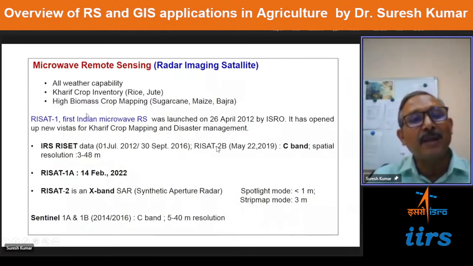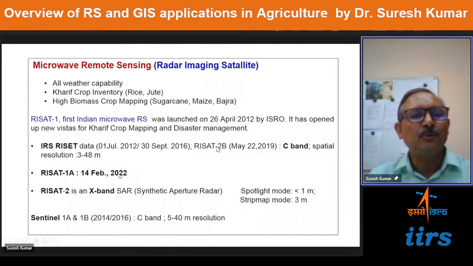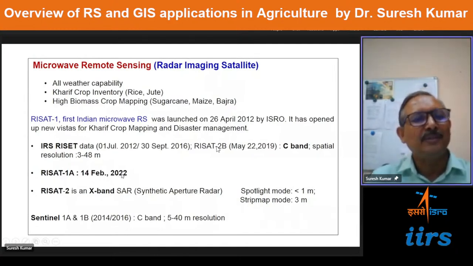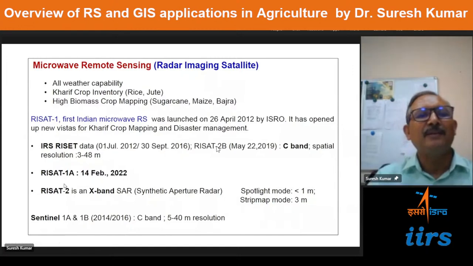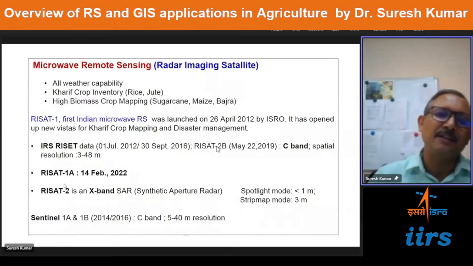India launched its first microwave remote sensing satellite in 2012, and recently, on 14th February 2022, we launched the RISAT-1A satellite, which is operational and is being used for the mapping of Kharif crops, by and large.